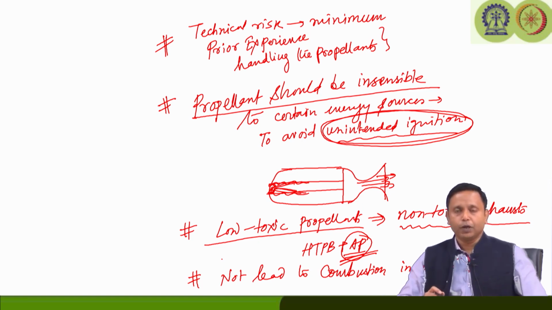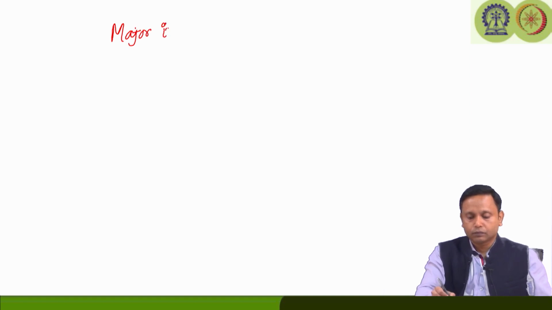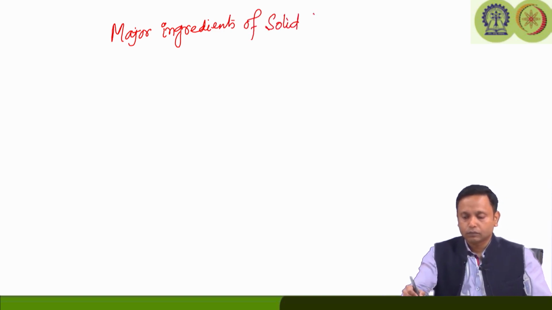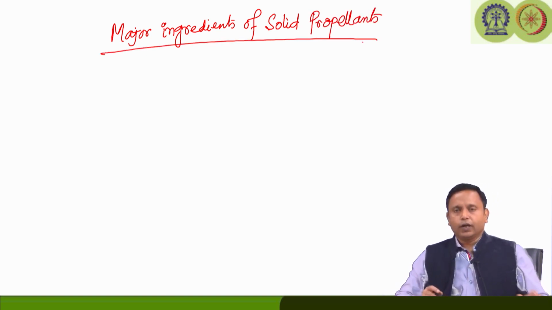Since we understood pretty much the major characteristics of solid propellants, now let us look at what are the major ingredients. A number of ingredients have been tried for solid propellants, but we will look at the major ingredients which are most commonly used.